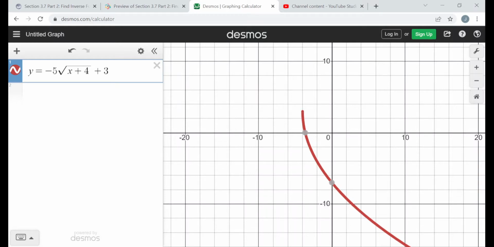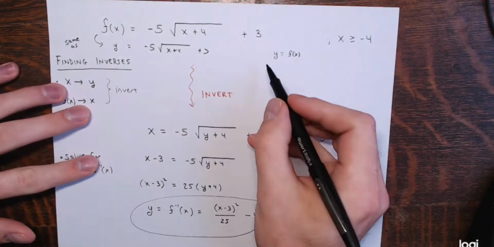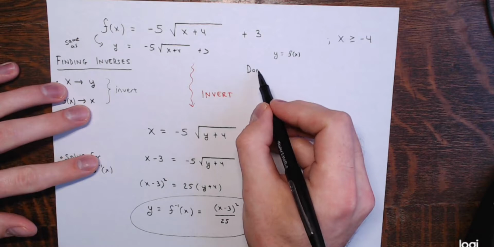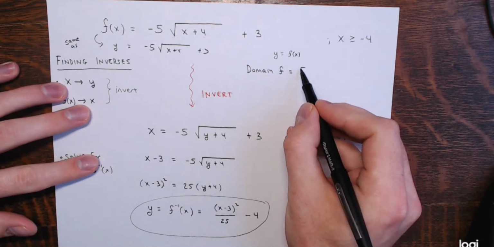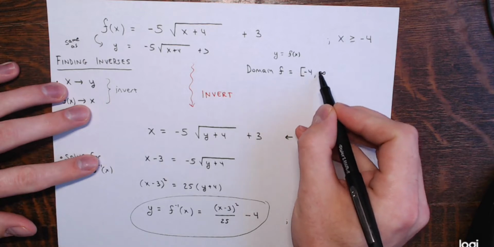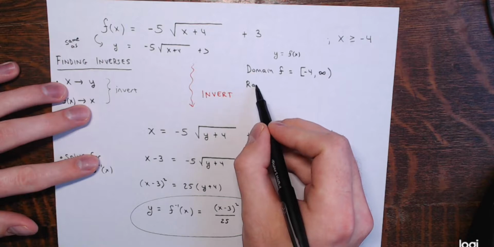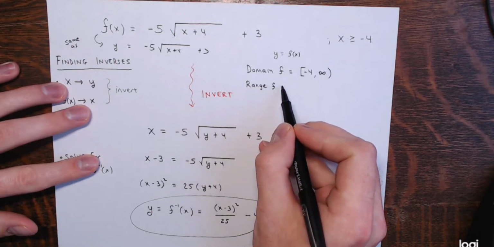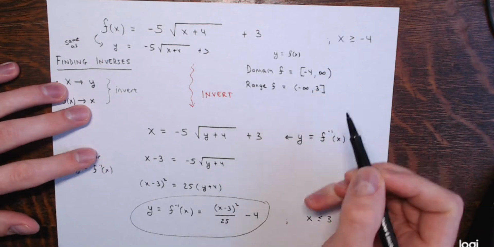In fact, I will write that out back on the paper. If you look at the graph of this, the domain of f was values from negative 4 to positive infinity, which they stated here. But we also saw the range. The range of f was everything from negative infinity up to positive 3 on the y-axis.